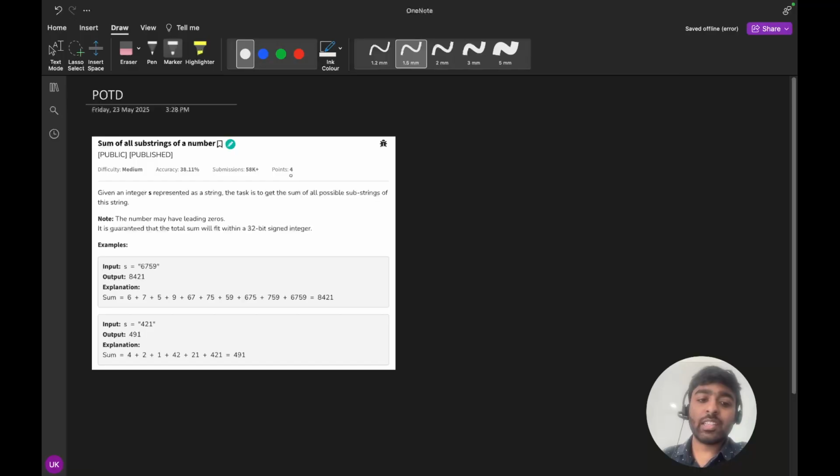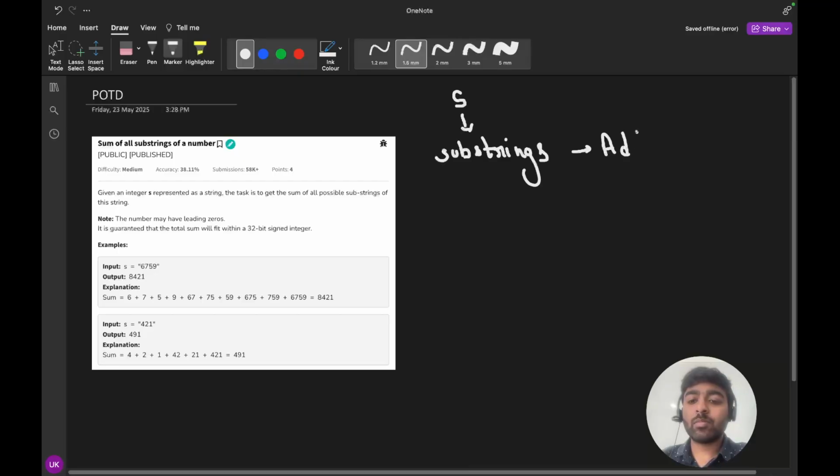So you have been given a string s, you have to find all the substrings of this s and then add them. This you have to return. Hope the question is clear now.